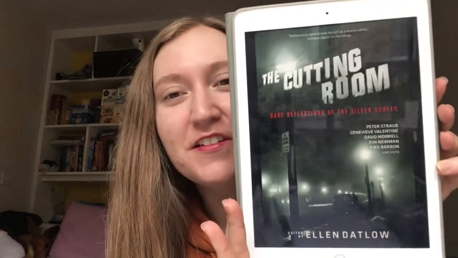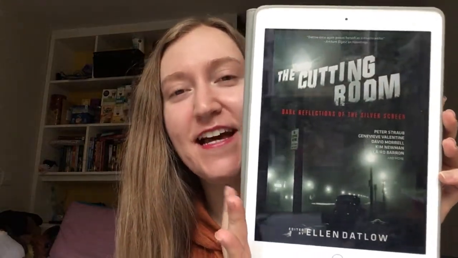And the final roll, I'm not even going to pretend I'm excited for, and that is The Cutting Room Floor, edited by Datlow. So as you saw, this was my worst rated anthology. And this doesn't bode well for me because I've already read quite a few Datlow anthologies now. She's edited absolutely hundreds, and they tend to be sort of horror, mostly weird, fantasy, abstract, kind of creepy stuff.